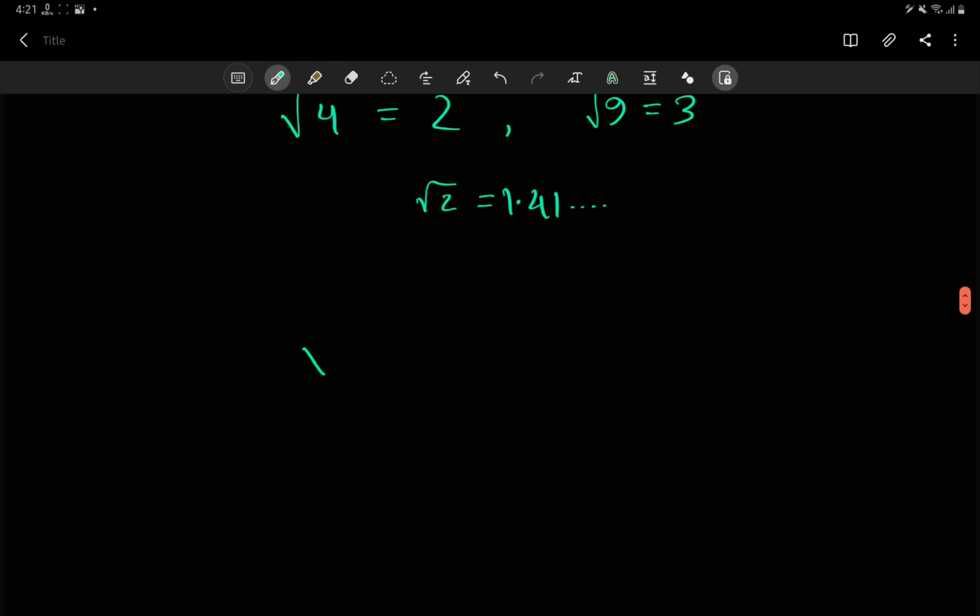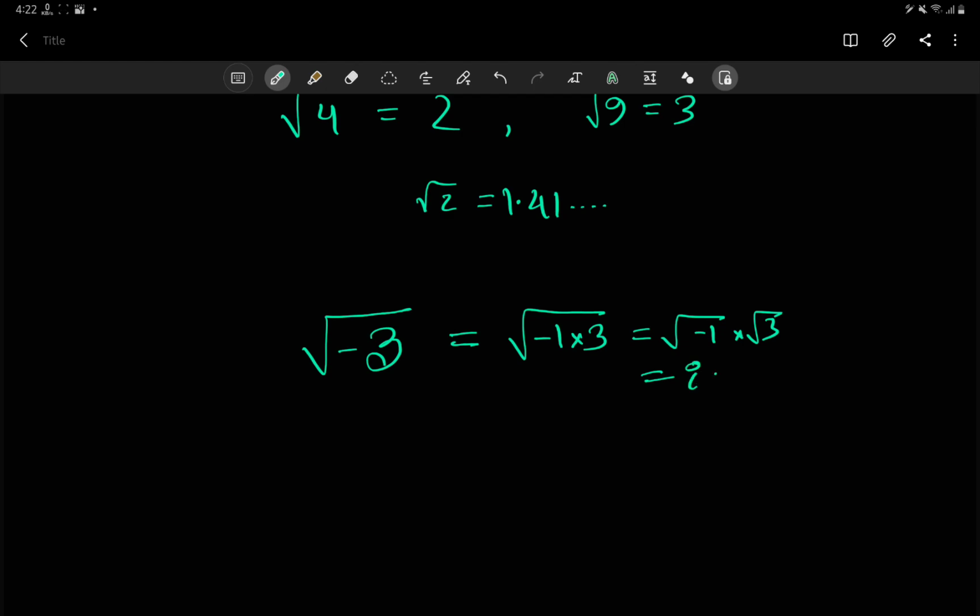So for example, if I ask what's the square root of -3, well, this is just -1 times 3. So I can say this is √(-1) times √3, meaning this is i times root 3, so it's like √3 i.